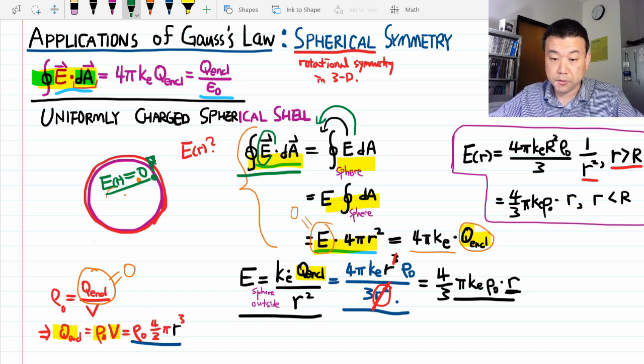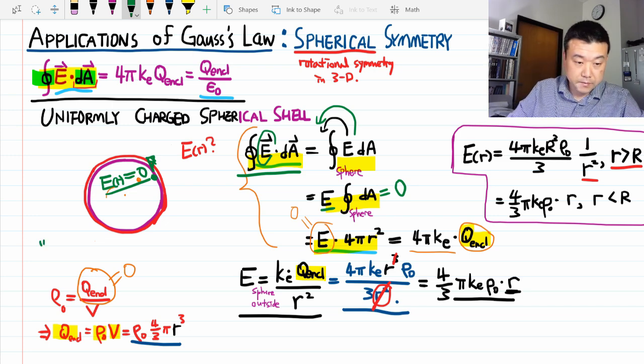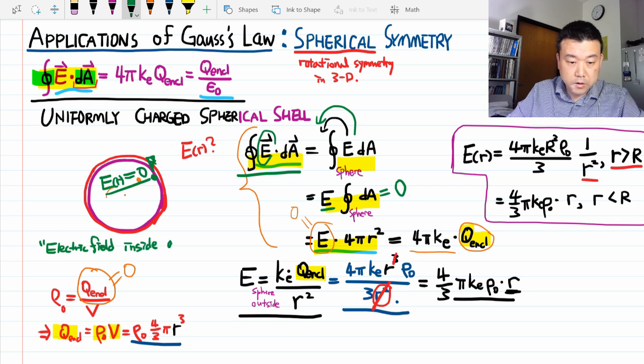So if the flux is 0, then the electric field has to be 0.